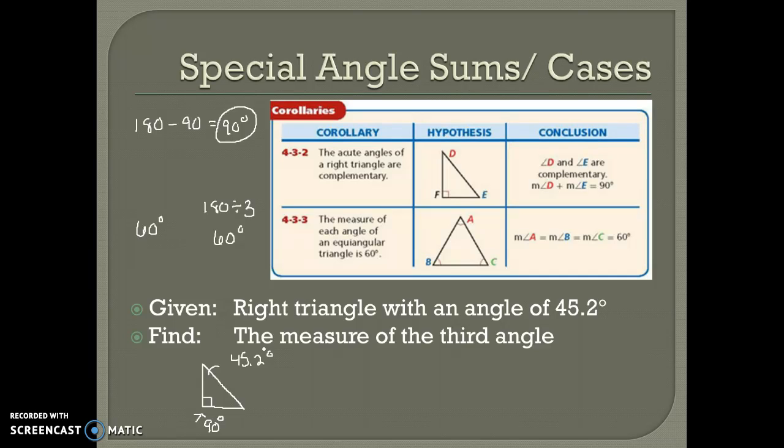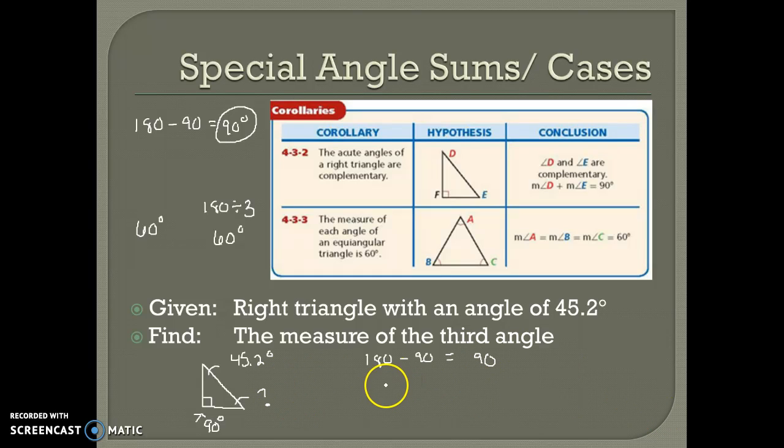Well, we have 180 degrees total in any given triangle. We know that 90 degrees is already taken up by the right angle. So that means we have 90 degrees left to work with. Between 45.2 and our third angle, we need to create 90 degrees.